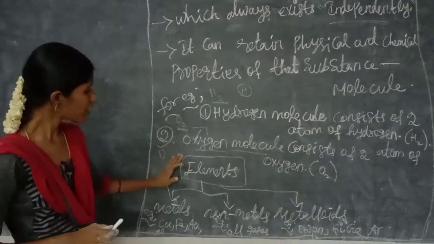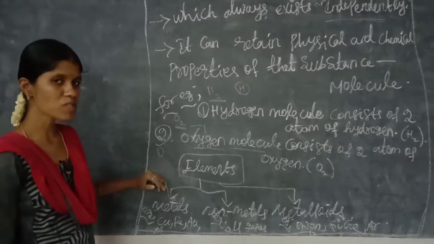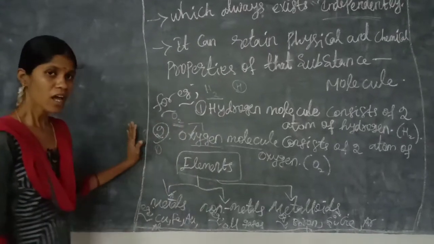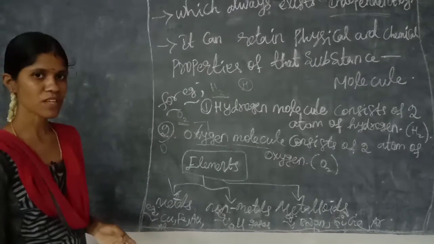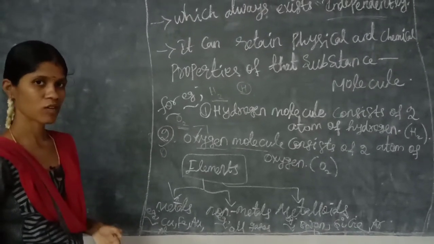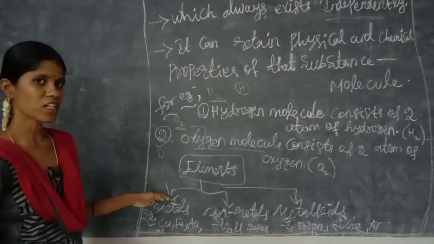Students, then next, the elements are further divided into three categories: metals, non-metals, and metalloids. In our day-to-day life we use different types of metals like copper, aluminium, gold, and iron. These are very hard and tough.